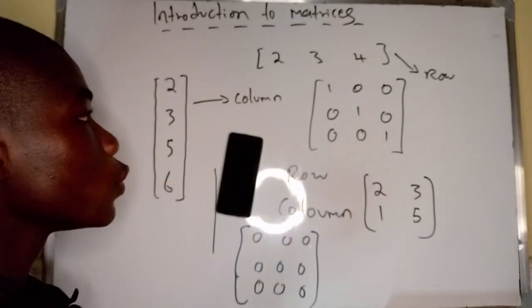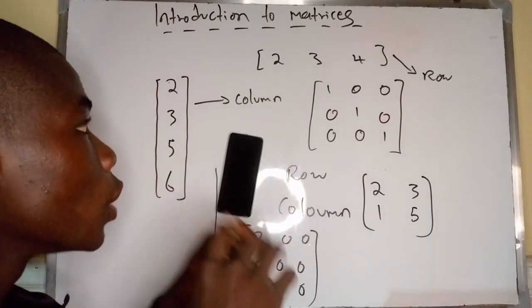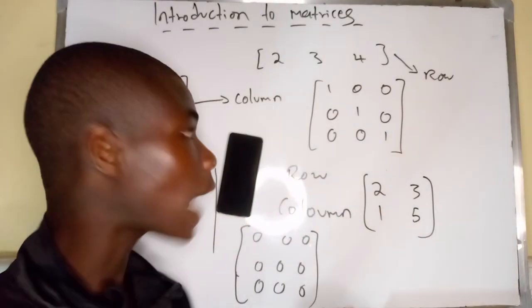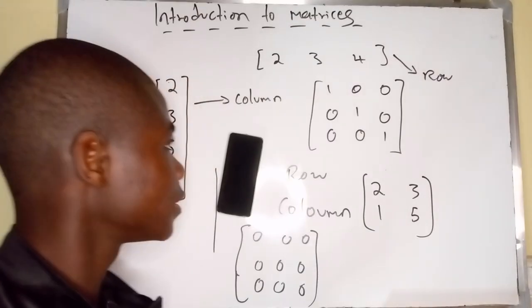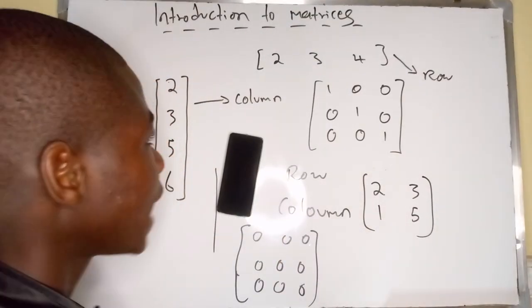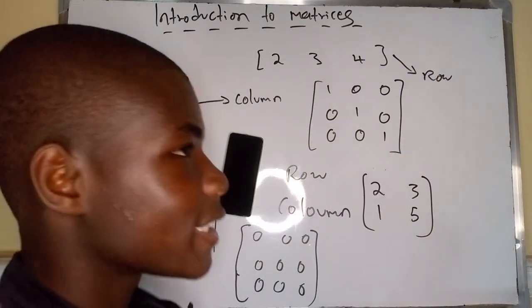If you are going to use the method, you must put the identity matrix.